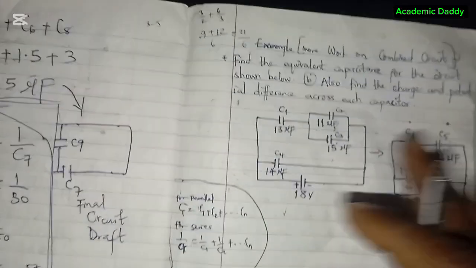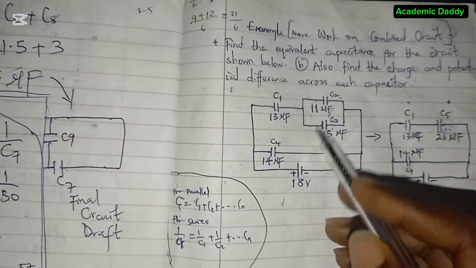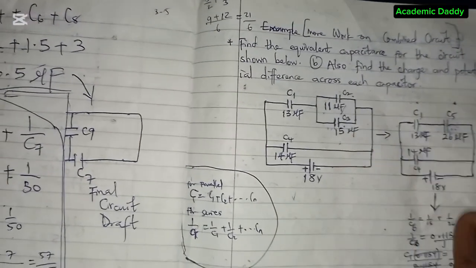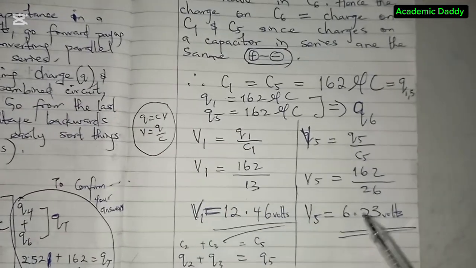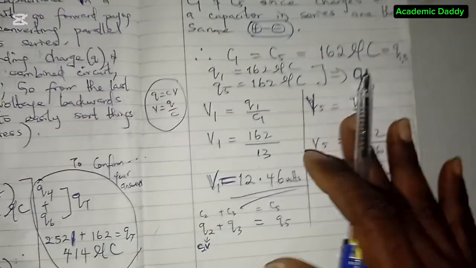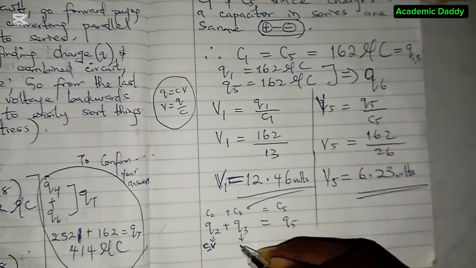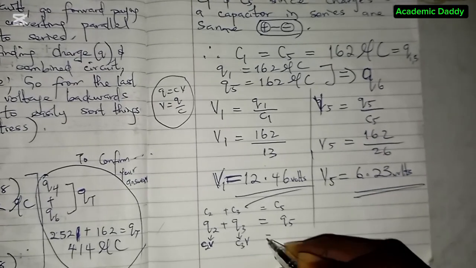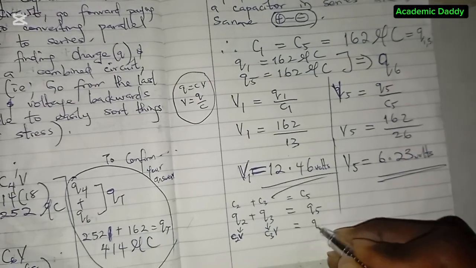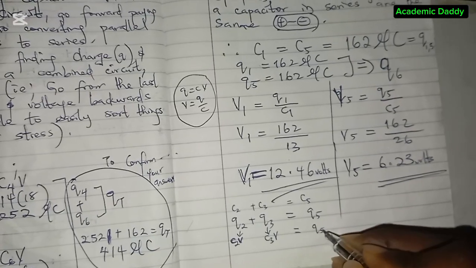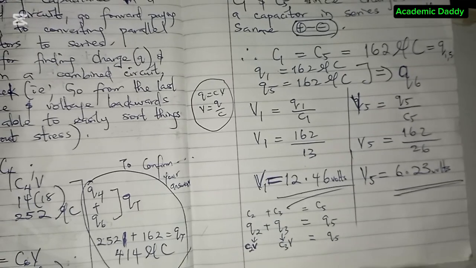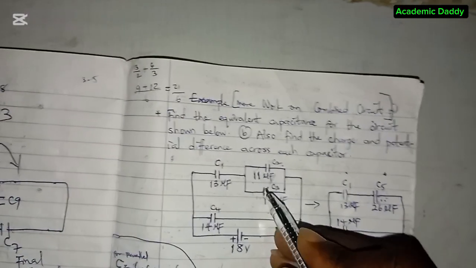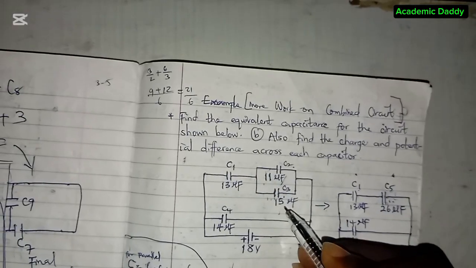If you remember, notice this, these two are in parallel, and anything in parallel has the same voltage. And notice that the voltage of C5 is 6.23. So I will now say C2V and C3V, that is Q5's voltage, which is simply 6.23. Here I have C2 to be 11.